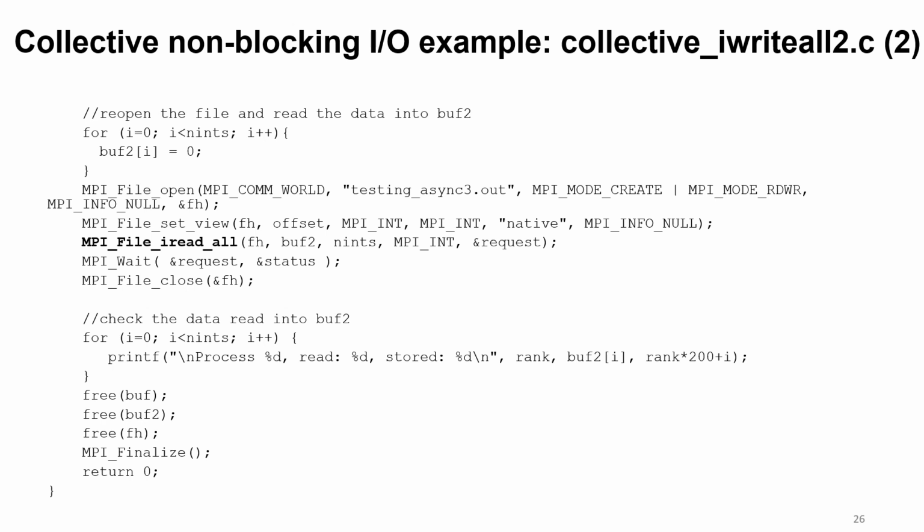And then we have a call to MPI_Wait and we close the file. Next, we are just printing the contents of the buffer to see what got written inside the buffer. Next, we free the buffers and we call MPI_Finalize.